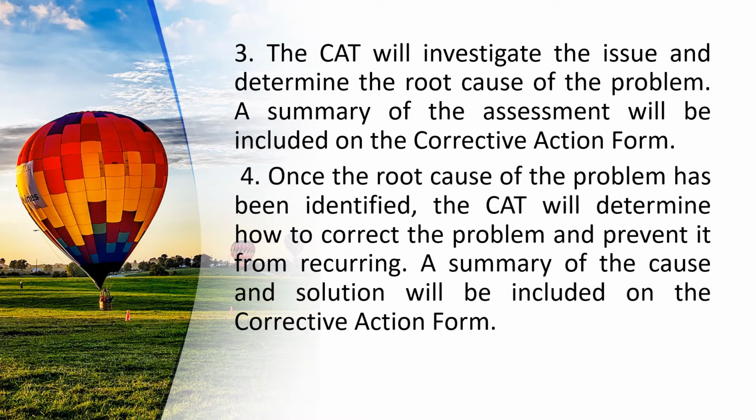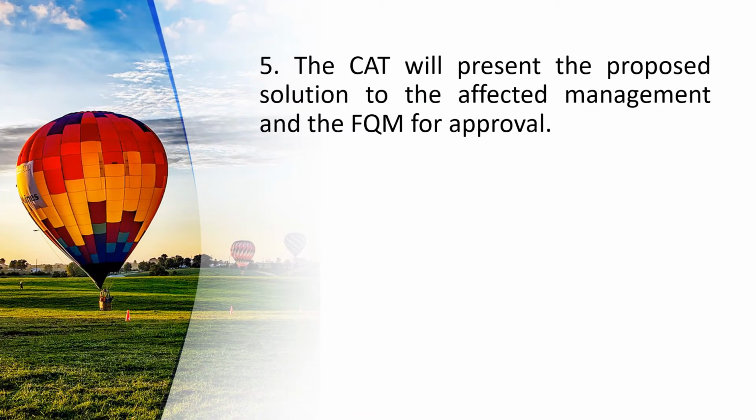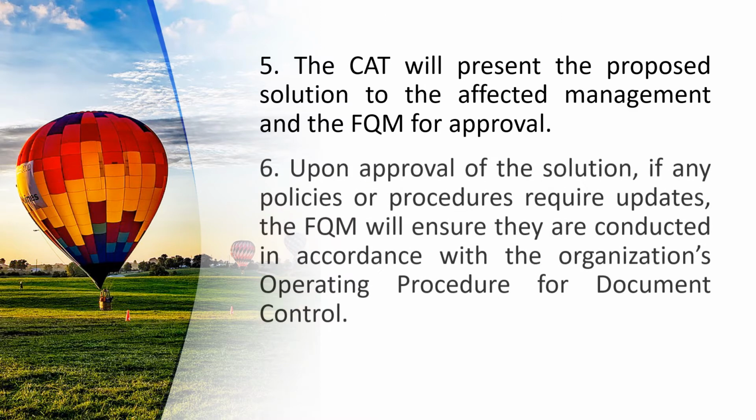Number 4, once the root cause of the problem has been identified, the CAT will determine how to correct the problem and prevent it from recurring. A summary of the cause and solution will be included in the corrective action form. Number 5, the CAT will present the proposed solution to the affected management and the FQM for approval.